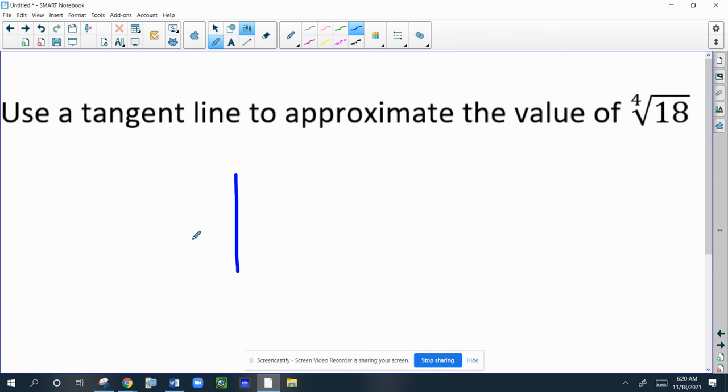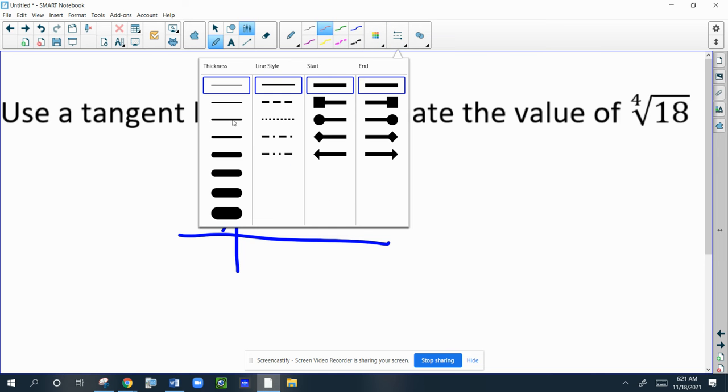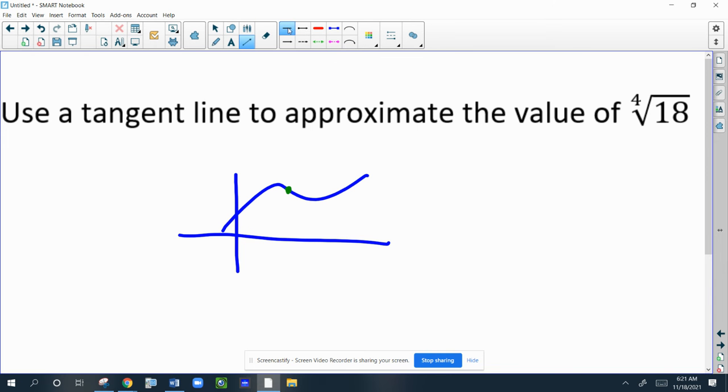We're going to take a function and try to approximate the value, say, here. But we're going to use a tangent line to do that, which is a line. That's why it's called a linear approximation. Let me find my line.